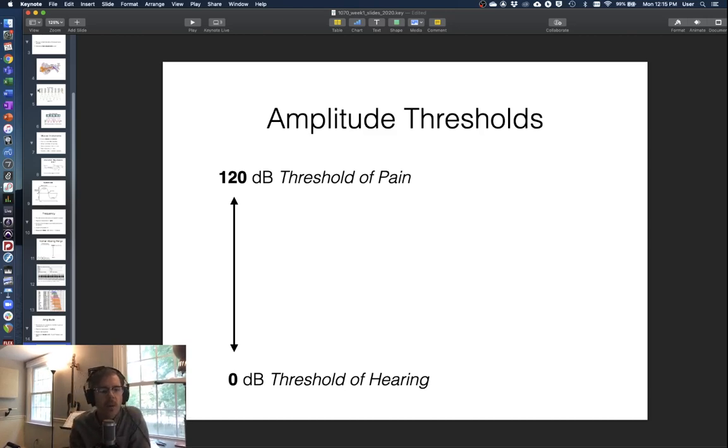If we are alive, we are always hearing something. If you put yourself in an anechoic chamber or a soundproof booth, you can hear your own nervous system, you can hear your own breathing, your heart, you can hear your body make vibrations just from living. And so theoretically, the threshold of hearing is 0 dB, meaning that's the silence. The threshold of pain is 120 decibels.